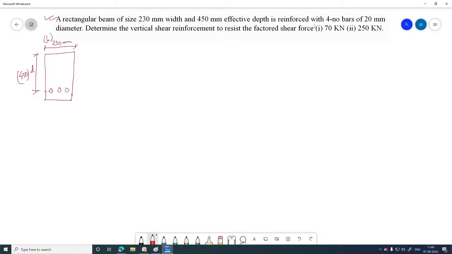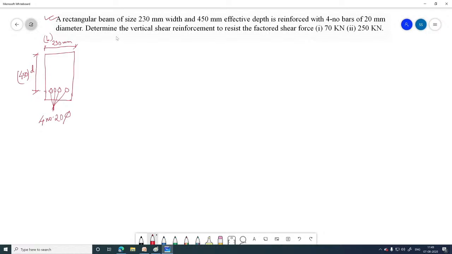It is reinforced with 4 numbers of bar of 20 mm diameter, so here we have 4 bars, all of 20 mm dia.